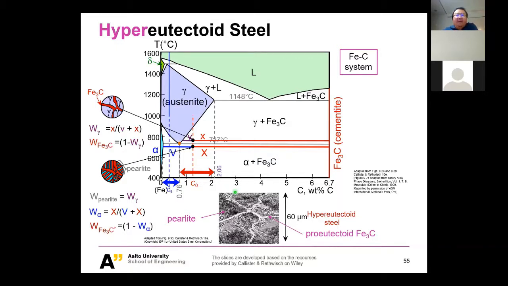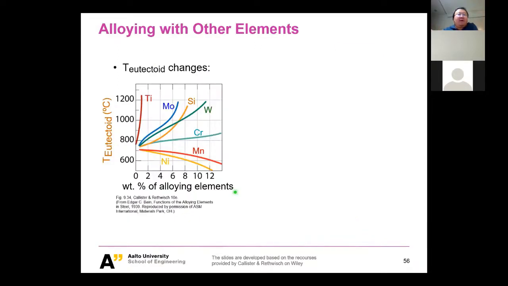Okay, I think that should be the last slide about the iron and carbon phase diagram, which, as I said, is the most important phase diagram for you in this lecture and also for your future use if you are in the steel business. All right, I have already mentioned that something will influence your phase diagram, and here I'm showing you what happens if you add a little bit of other elements.